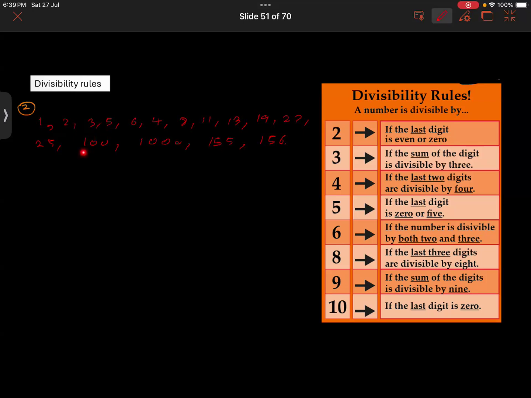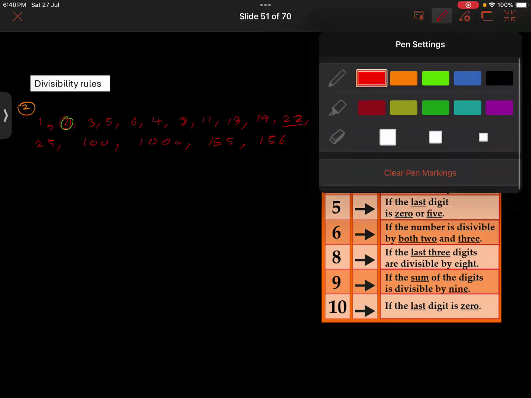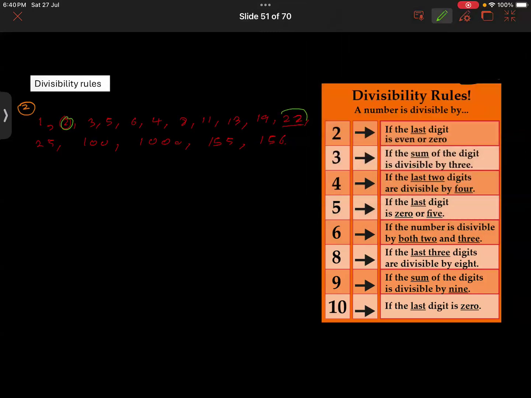So that is the first thing. For example, the number 2 is divisible by 2 itself, right? The first thing you have seen is that the unit place should be 2. Now in this number 22, look at this number, the unit place is 2, so the complete number is divisible by 2.